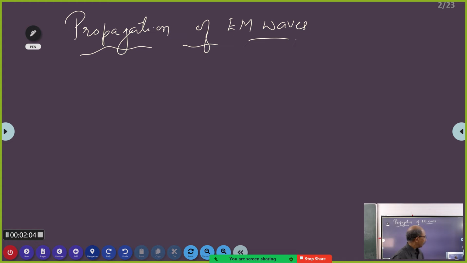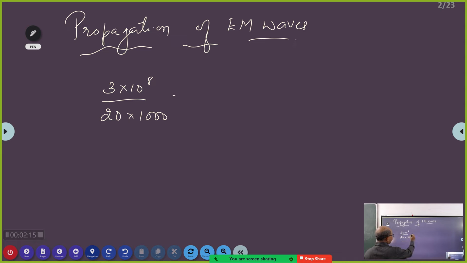What will be lambda by 4 for 20 kilohertz? It is going to be 3 into 10 to the power of 8 divided by 20 kilohertz. This will be lambda, and if I want lambda by 4, you divide this by 4. That is the minimum antenna length. So approximately how much is this?